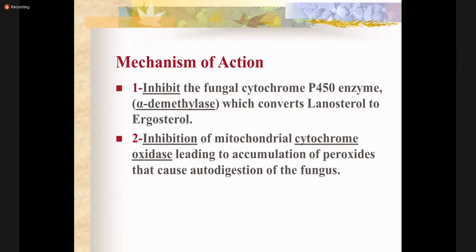Generally, what is the mechanism of the azole? They inhibit the fungal cytochrome P450 system. There is an enzyme known as alpha-demethylase. This enzyme basically converts lanosterol to ergosterol, which is a compound of the cell membrane. So this conversion is basically stopped, and once it is stopped, there will be a delay in the formation of the cell membrane.